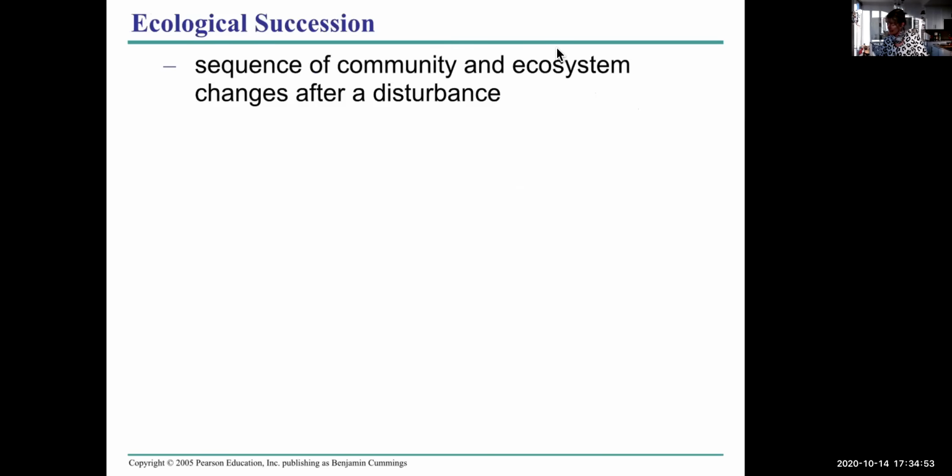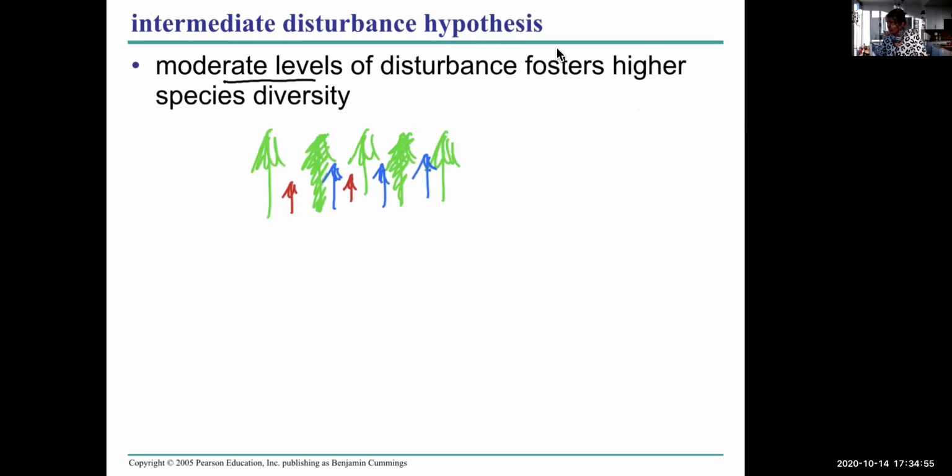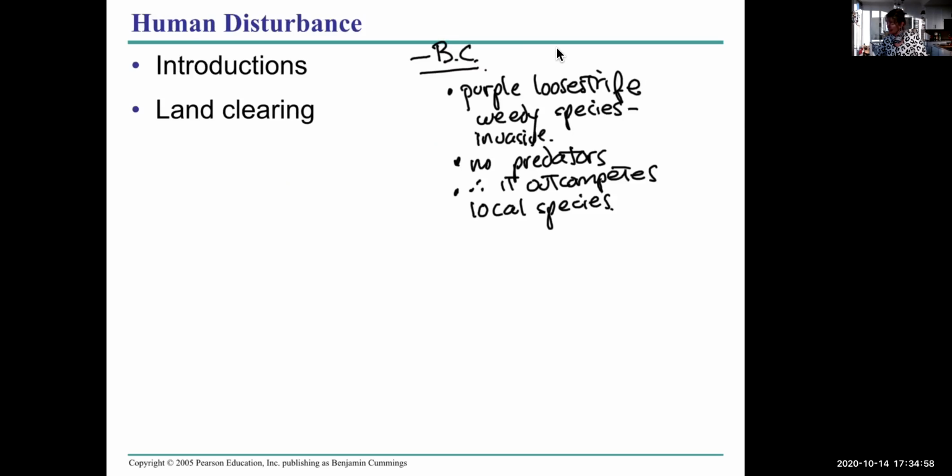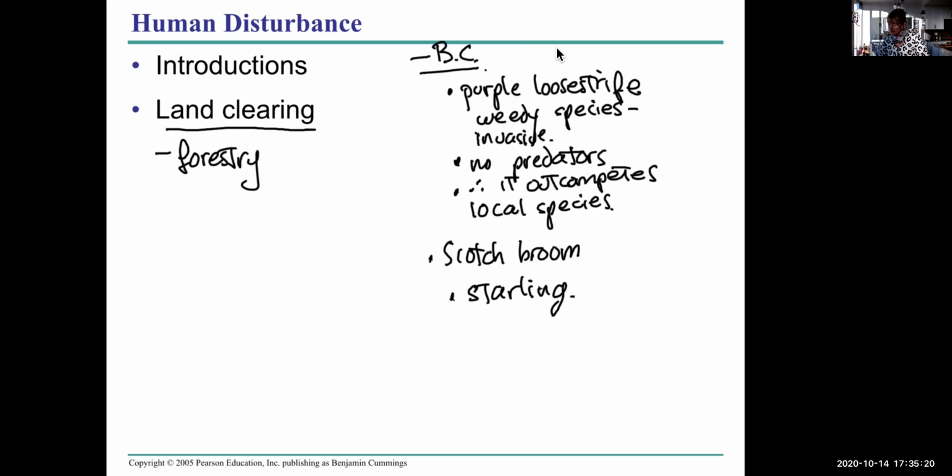What's another one? Let's see. Scotch broom. That's a yellow flowering shrub that's all over Vancouver Island. That's an introduced species. Another one is a starling, of course. Land clearing is another form of disturbance, and it could be by forestry, it could be fire, it could be development.